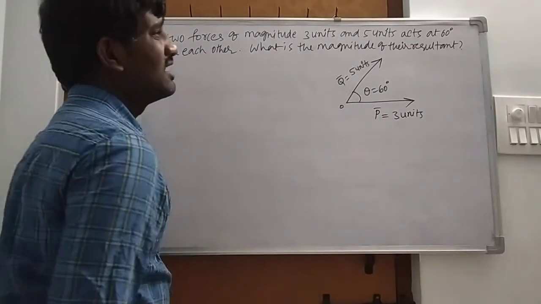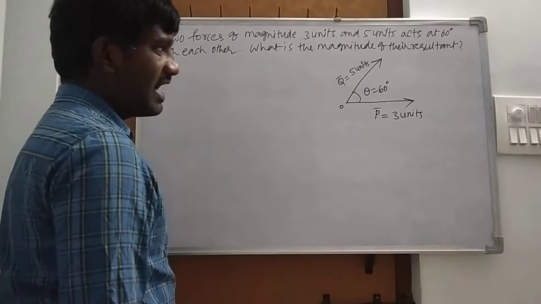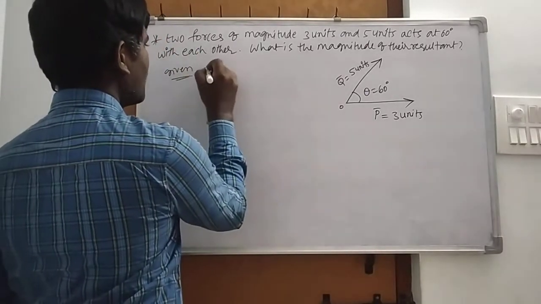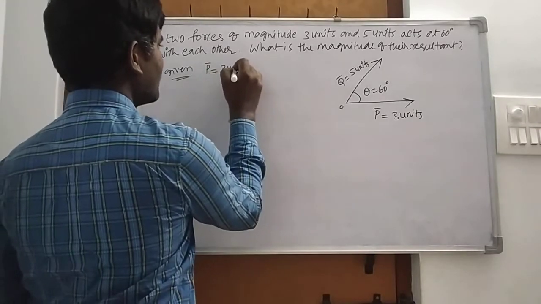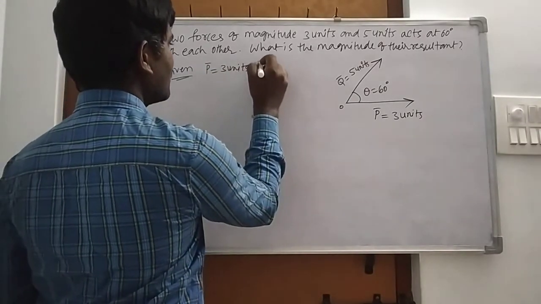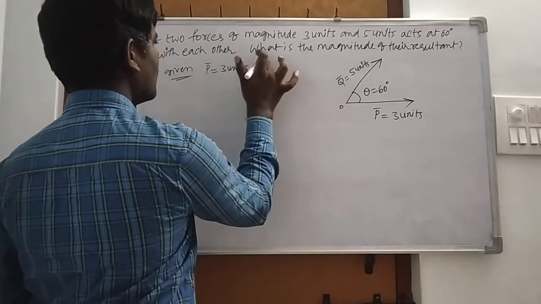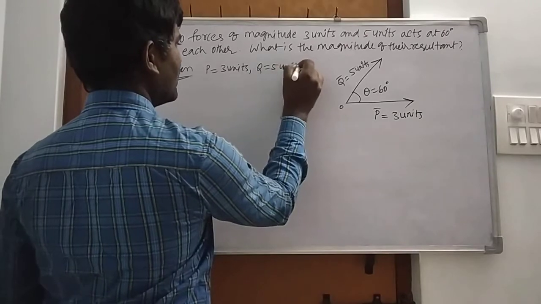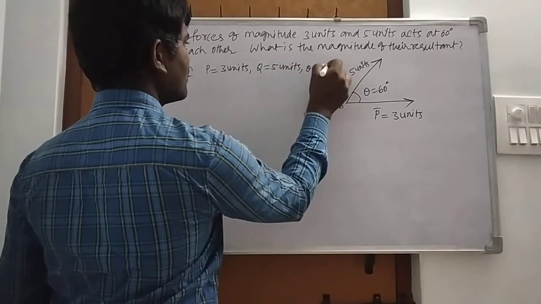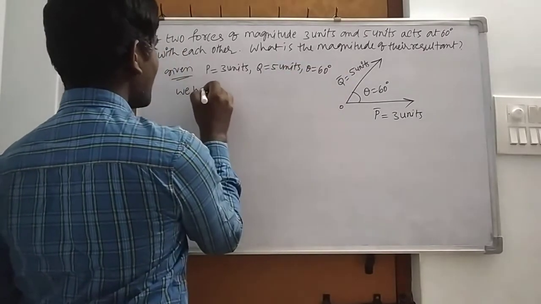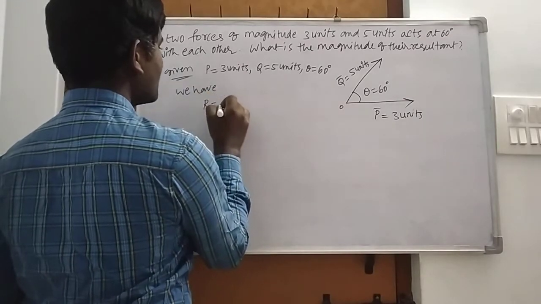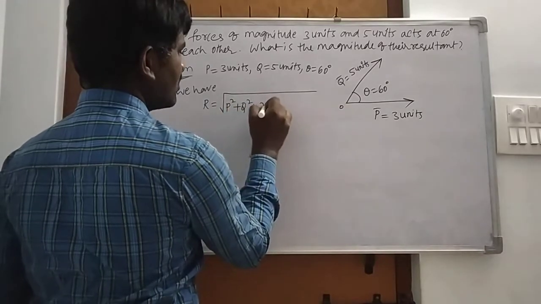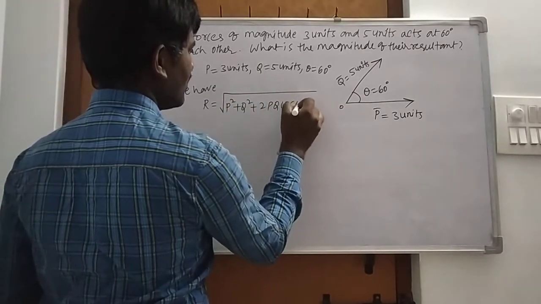So what is the magnitude of the resultant? First we have to write the given. Given is P equals 3 units, Q equals 5 units, theta equals 60 degrees. R is equal to square root of P square plus Q square plus 2PQ cos theta.